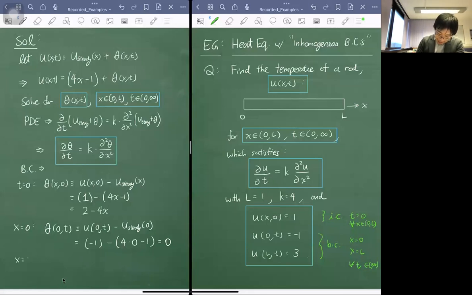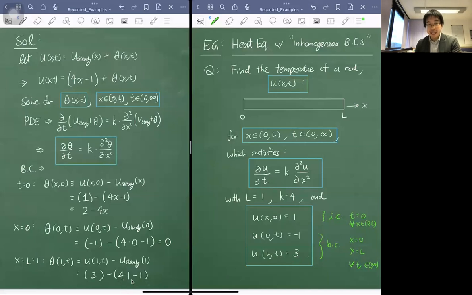And how about at L? So at L, or at 1, we have theta of 1, t equals u of 1, t minus u steady of 1, x equals 1. So here, what is u of 1, t? Well, it's 3, minus 4 times 1 minus 1.